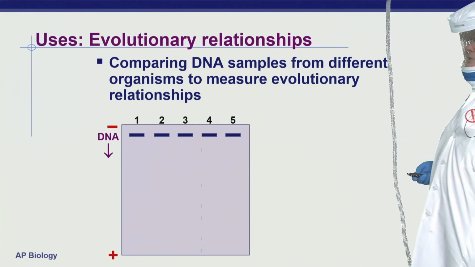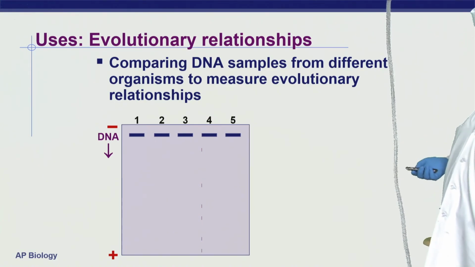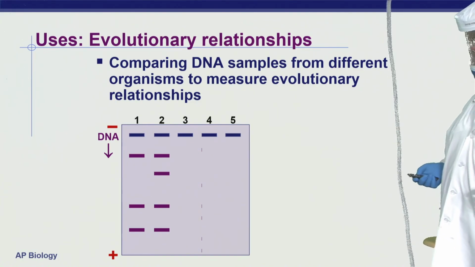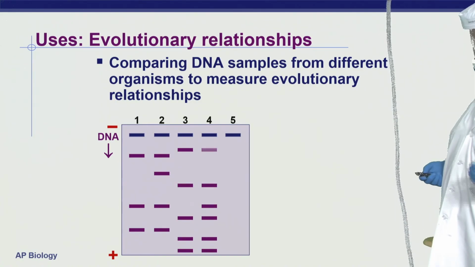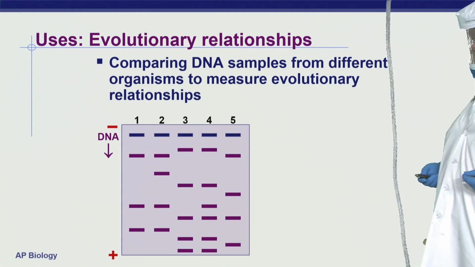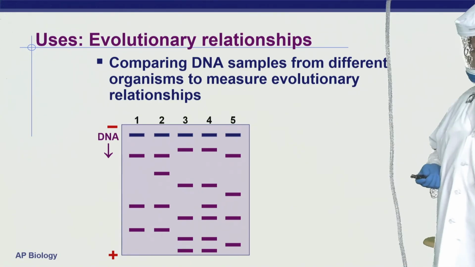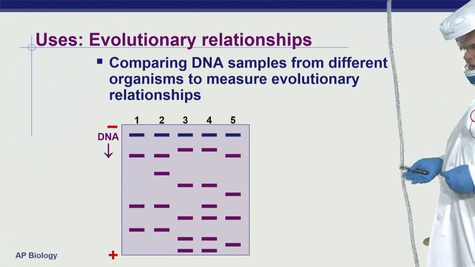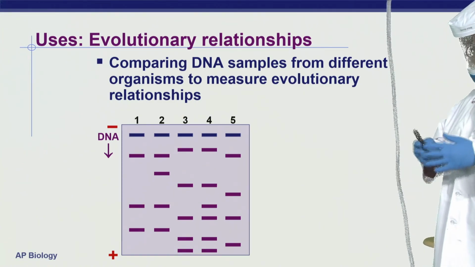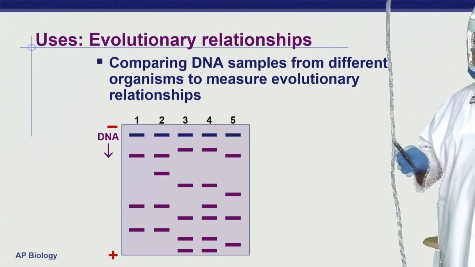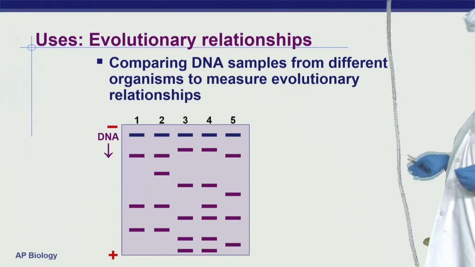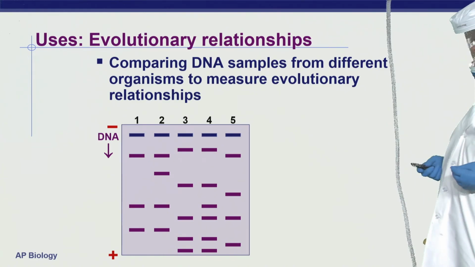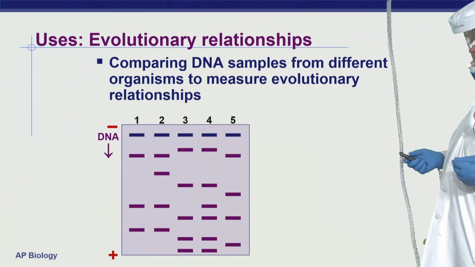Testing for evolutionary relationship compares DNA samples from different organisms to measure their evolutionary relationships, how closely they might be related. It used to be all evolutionary theory was based on structures that they would find. When they started getting DNA evidence, the DNA is much more indicative.